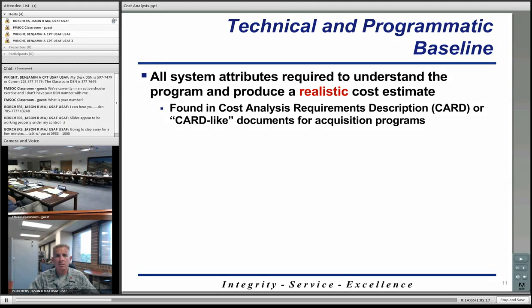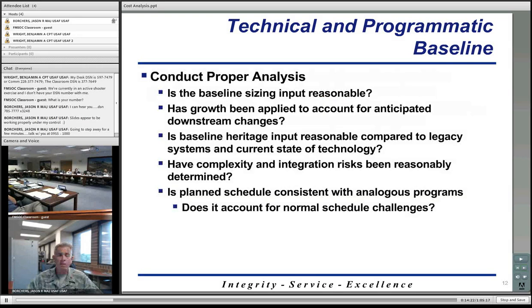But each program should have something like this, and that's going to form the basis for your cost estimate. So it's essentially the program manager's responsibility to come up with this technical and programmatic baseline, but it's the cost analyst's responsibility to make sure that everything in that baseline is reasonable.